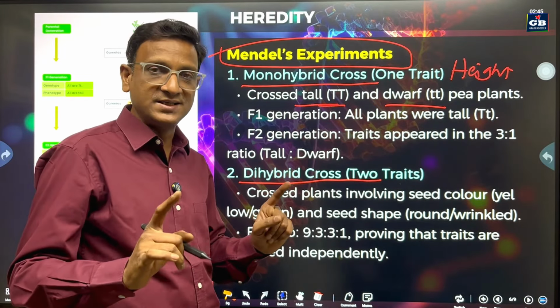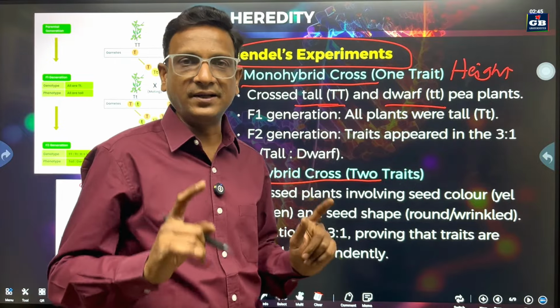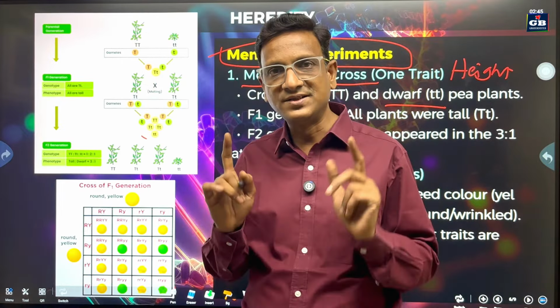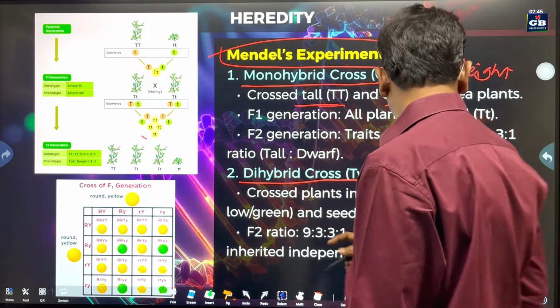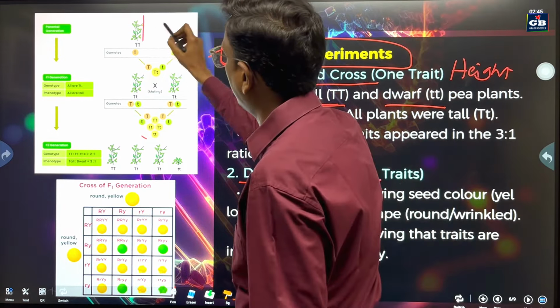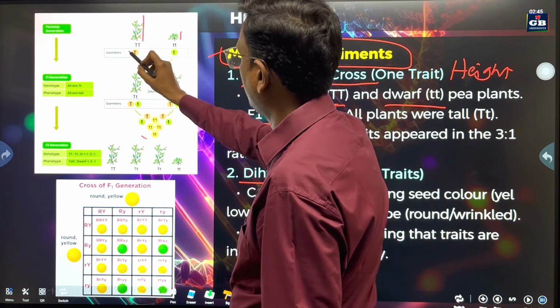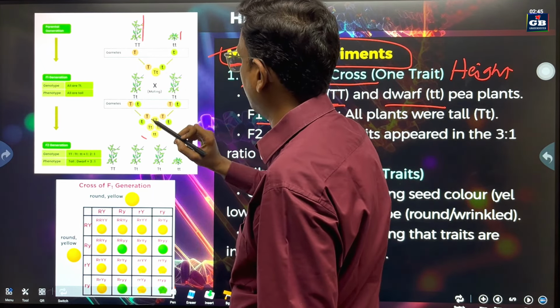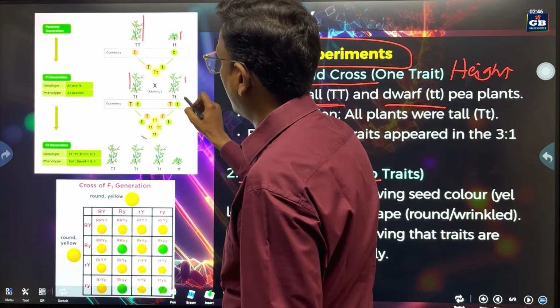Both are pure breeds. I told you pure breed means it contains both the genes of the same kind, homozygous. So in the F1 generation, one tall and one short he took. The reproduction happened, and here all tall plants have come.